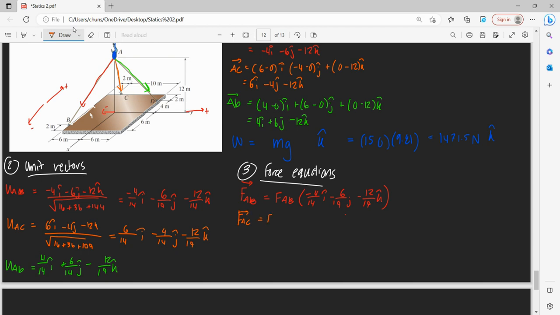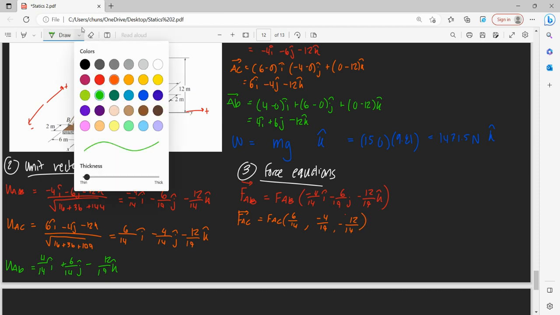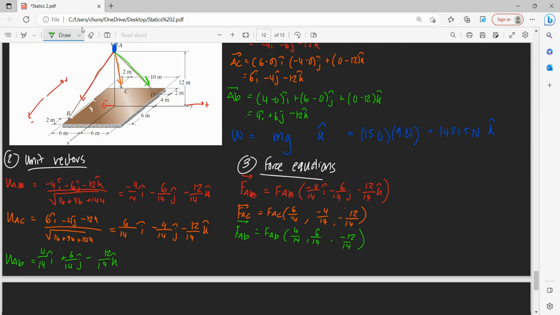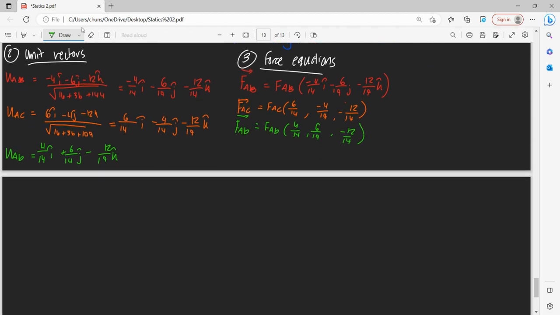FAC equals magnitude of FAC times 6 over 14, negative 4 over 14, negative 12 over 14. FAD is equal to FAD magnitude, that's 4 over 14, 6 over 14, and negative 12 over 14. Okay, so now let's do our equilibrium equations.